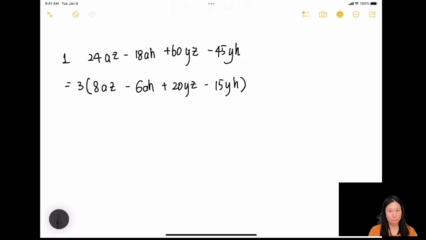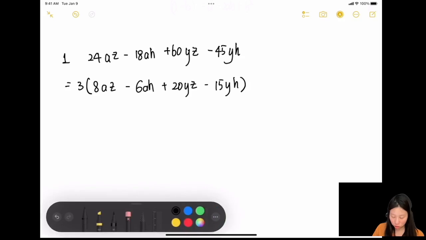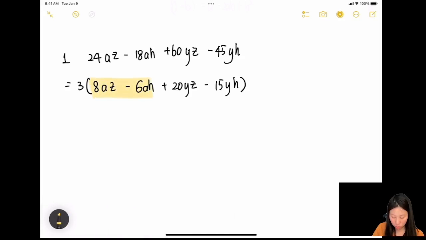Okay, so now let's group it. How do we want to group it? Well, let's try the first 2 in one group and then the last 2 in another group.